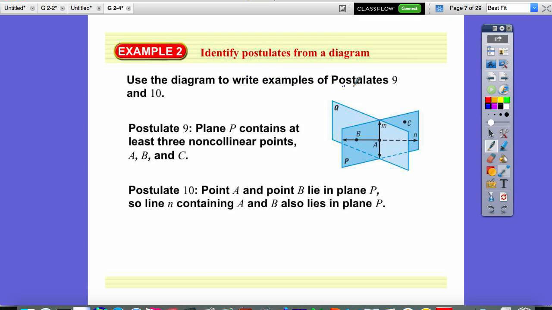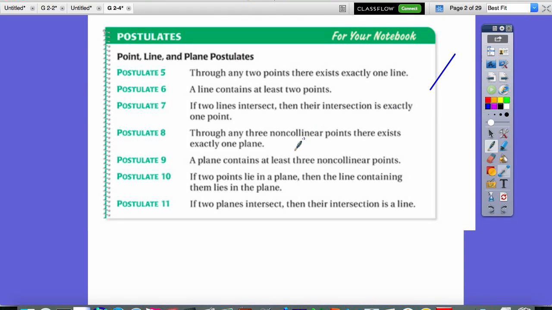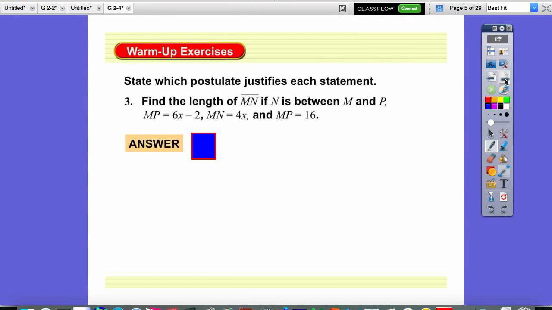Use the diagram to write examples of postulate 9 and 10. So postulate 9, plane P contains at least 3 non-collinear points. So if you don't remember what the postulate 9 is, you can go back and look, because as I said, I'm not going to ask you. A plane contains at least 3 non-collinear points.